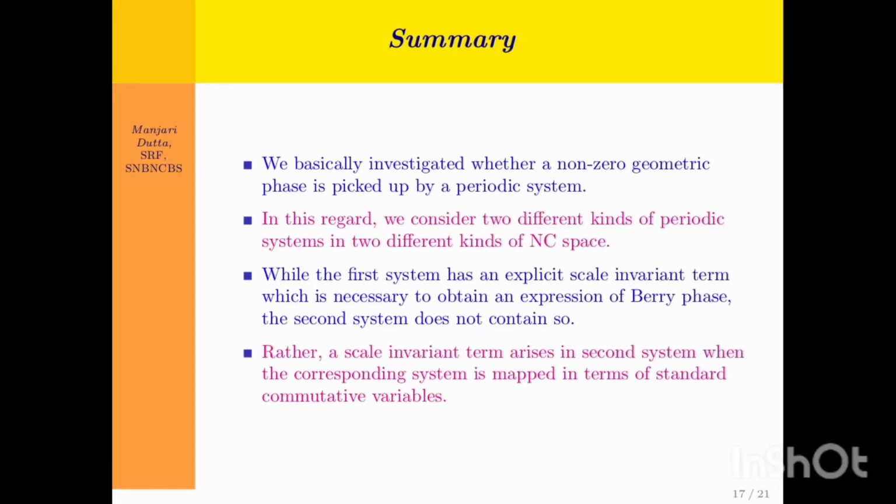So, in summary, what did we want to do here? We basically investigated whether a non-zero geometric phase is picked up by a periodic system. In this regard, we considered two different kinds of periodic systems in two different kinds of non-commutative space. While the first system has an explicit scale invariant term which is necessary to obtain an expression of the Berry phase, the second system does not contain one. Rather, a scale invariant term arises in the second system when it is mapped in terms of standard commutative variables.